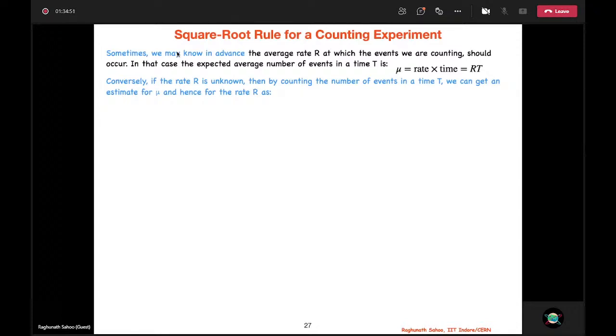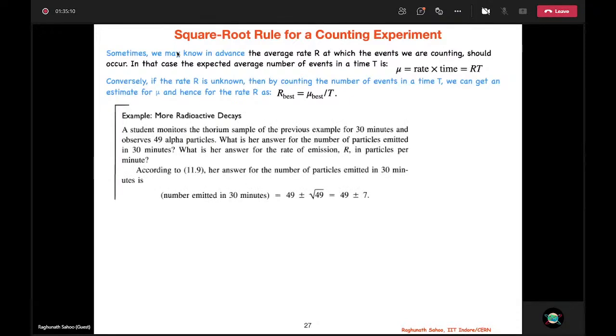So for a particular interval of time, the rate multiplied by time will give you RT. Conversely, if the rate is unknown, then by counting the number of events in a time t, we can get the estimate for mu, and hence we can recalculate R. So your R best could be mu best divided by t.